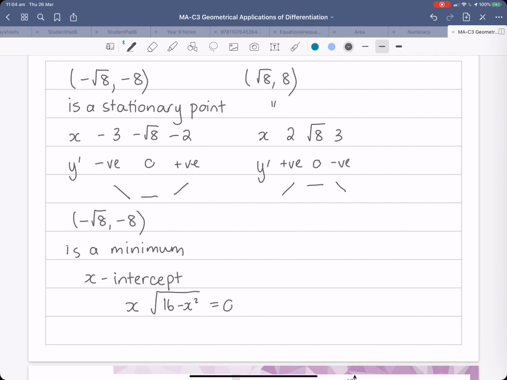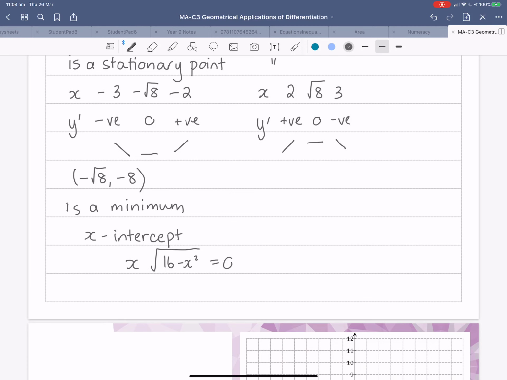And when that happens, divide throughout by x. 16 minus x squared equals 0. Square both sides. 16 minus x squared equals 0. X squared equals 16. Don't do this. Take a new page, take a new line. X equals plus or minus 4.